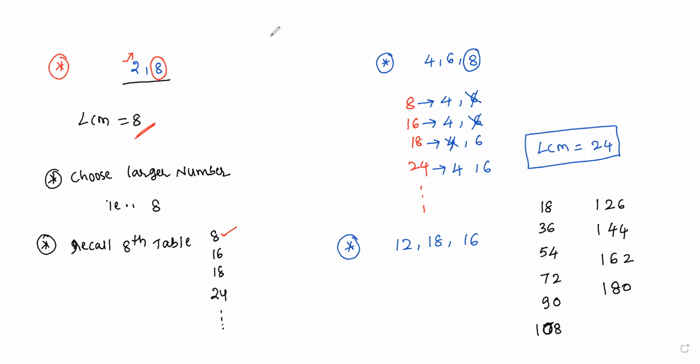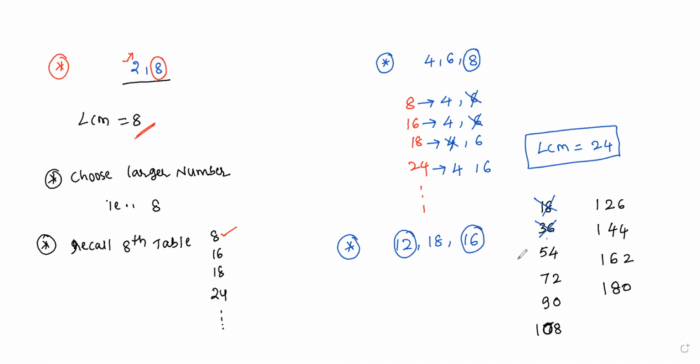I am just writing a sample. So the first number is not divisible by 16 and 12. 36 is divisible by 12 but not by 16. Are you getting my point?